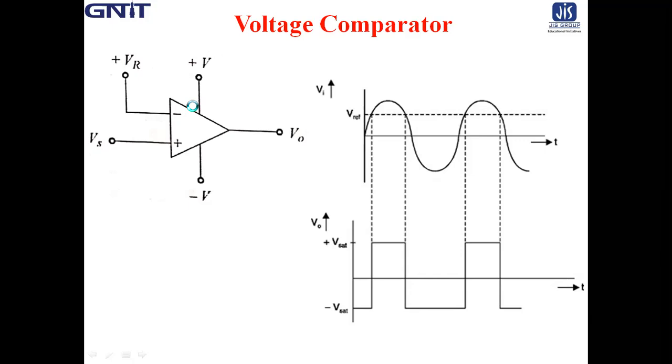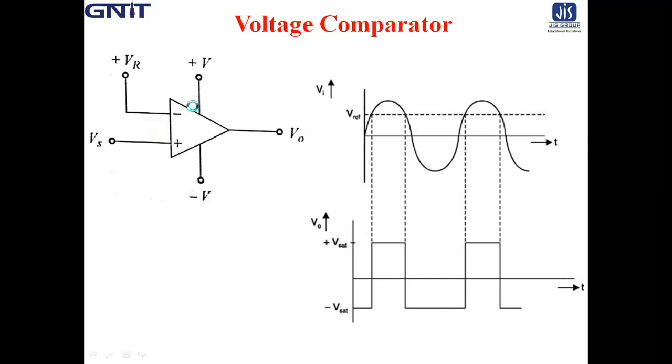Thus, it serves as a switching device, producing an output voltage when one input voltage is larger and another output voltage when the other input is larger. So the op-amp functions as a comparator by operating it in the open loop condition and applying the two voltages to be compared to the inverting and the non-inverting inputs.